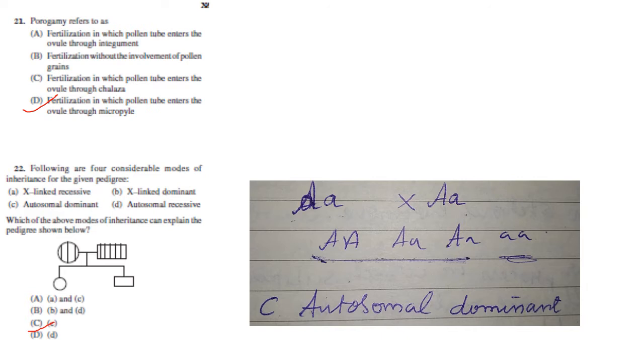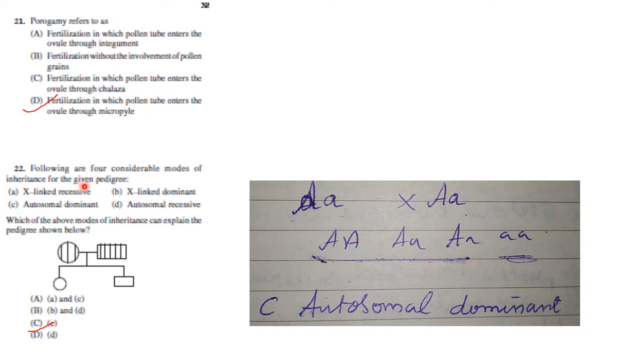Then next one. Following are four considerable modes of inheritance for the given pedigree: X-linked recessive, X-linked dominant, autosomal recessive. Which of the above modes of inheritance can explain the pedigree shown below? So they have given the pedigree analysis over here. If you have capital A small a, that is the heterozygous condition, then you will get these following gametes.